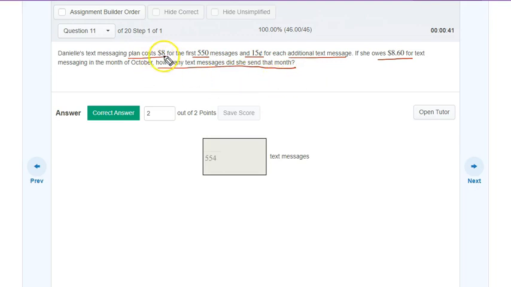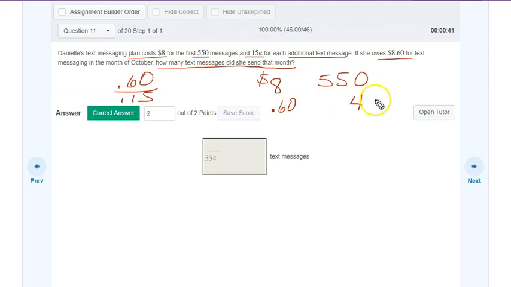If we get 550 messages for $8, there's 60 cents extra here. So 0.60. How many messages did she get for that? Well, you divide the 0.60 by 0.15, and you get that she has 4 messages.